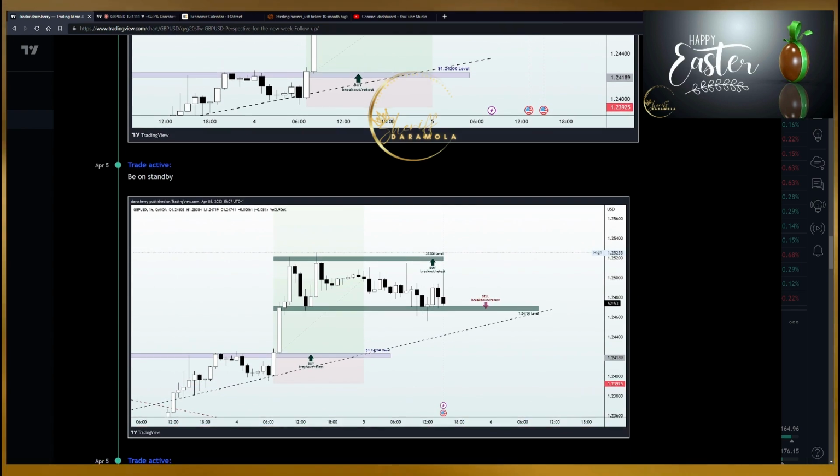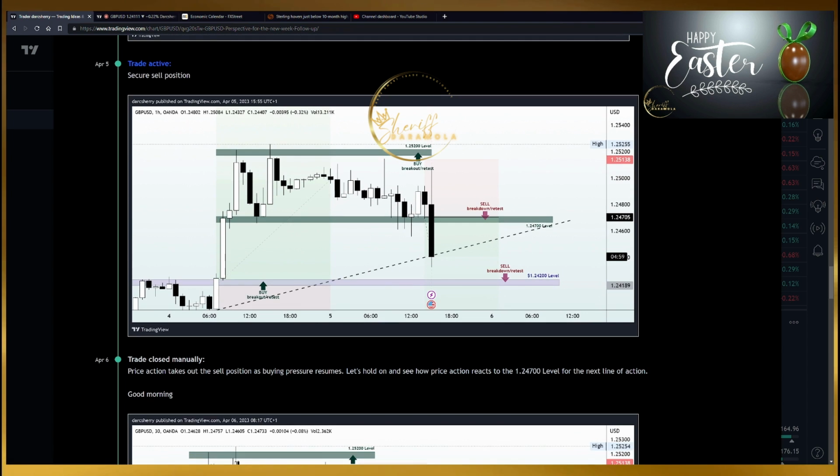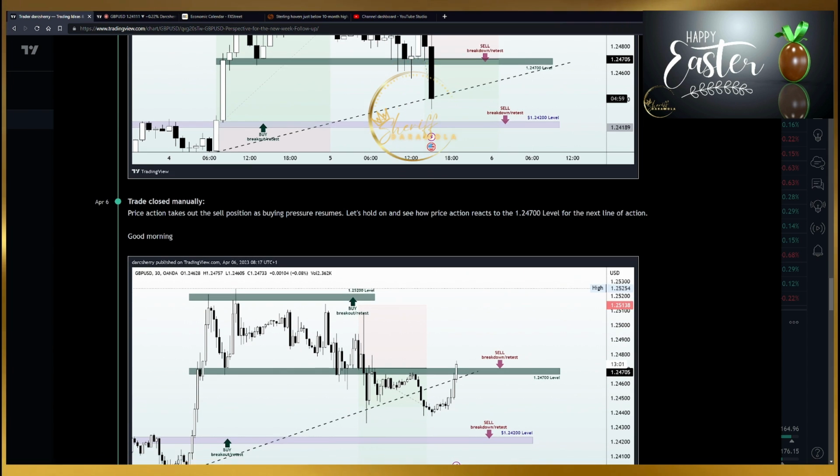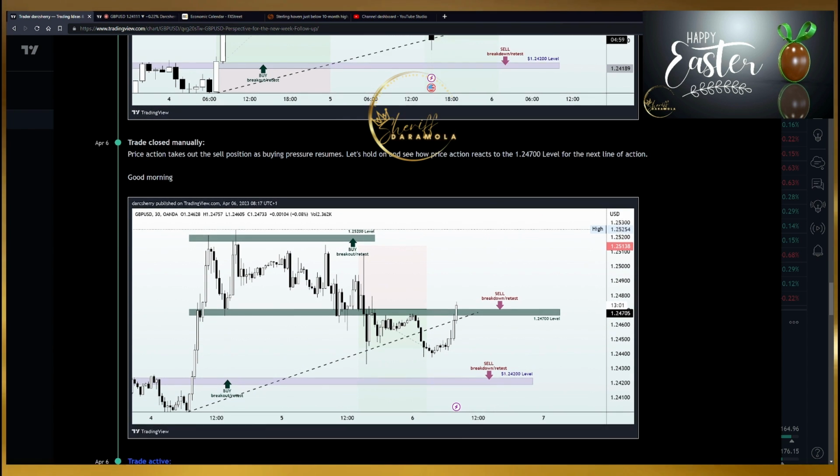We continued to monitor price action till it broke down the support line to trigger our first sell position for the week. Then I told us that we should secure all sell positions, as we expected more trading opportunities. But unfortunately, the sell momentum didn't last long, as we saw price action climb back to the upside, taking us out of that position at break even.